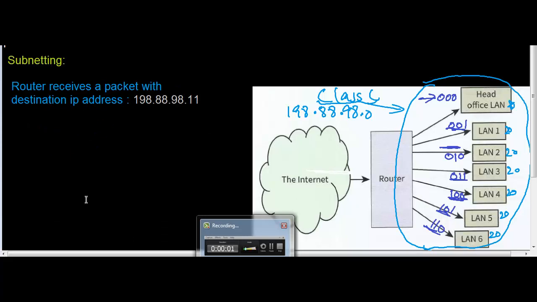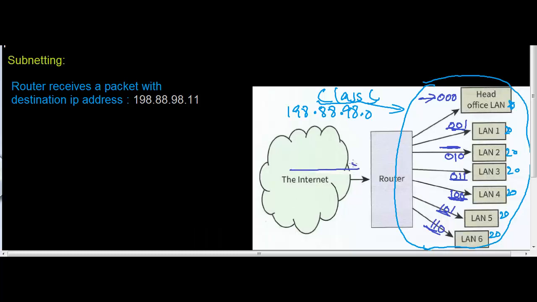Let us assume our router receives a message from the internet to be delivered to the IP address 198.88.98.11. So from the internet, a router receives a packet with the destination IP address 198.88.98.11.